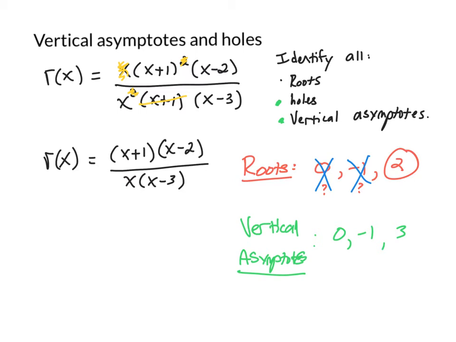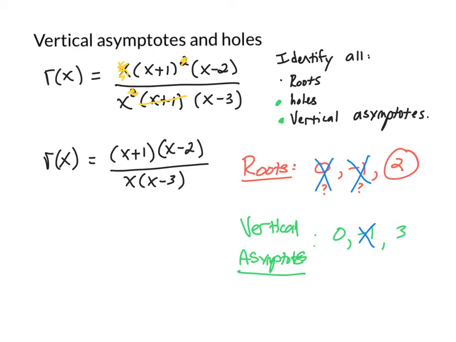So 0 is a vertical asymptote. -1, does its factor still appear in the denominator? Turns out it doesn't. So this one is not a vertical asymptote. Let's X this one out. 3, does its factor still appear in my denominator? Turns out it does. So these are my vertical asymptotes.